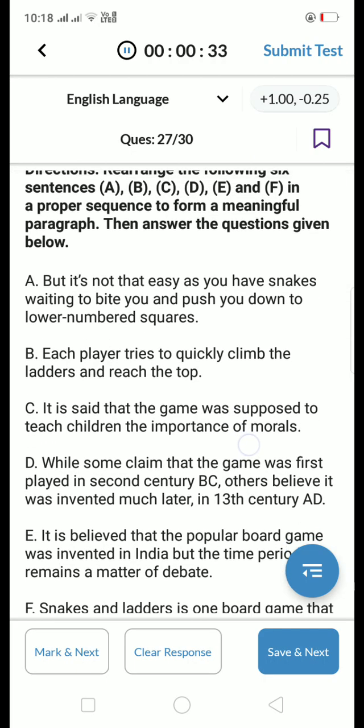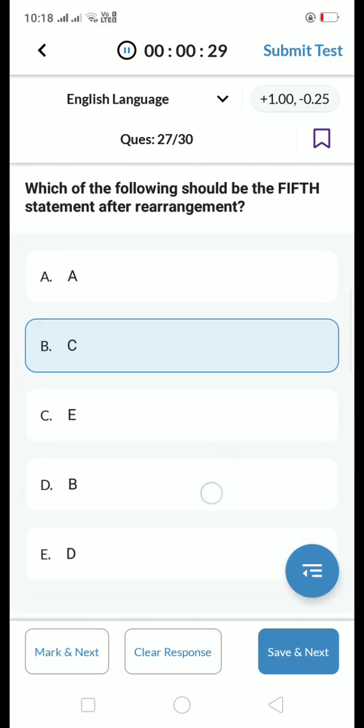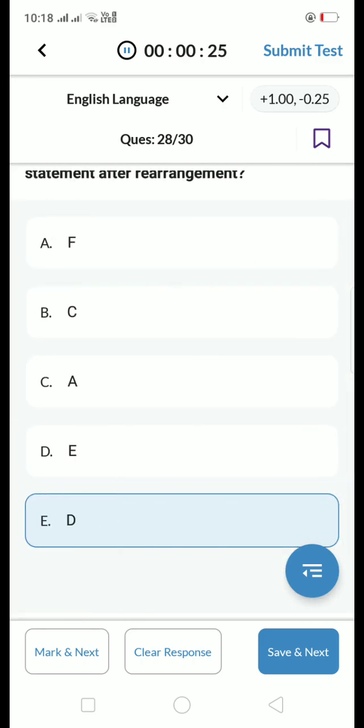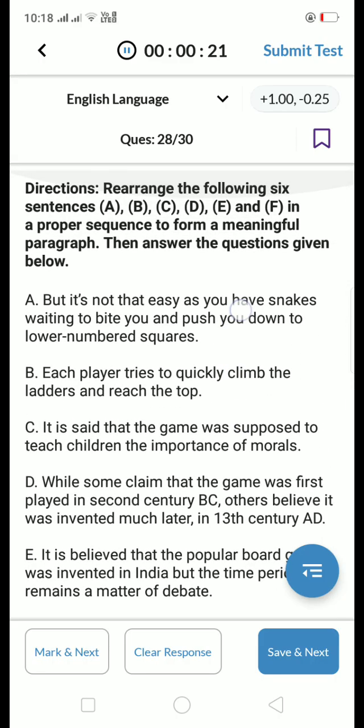Fifth statement. No, fifth statement is not C, right? Fifth statement is B. Third statement is D. Yes.